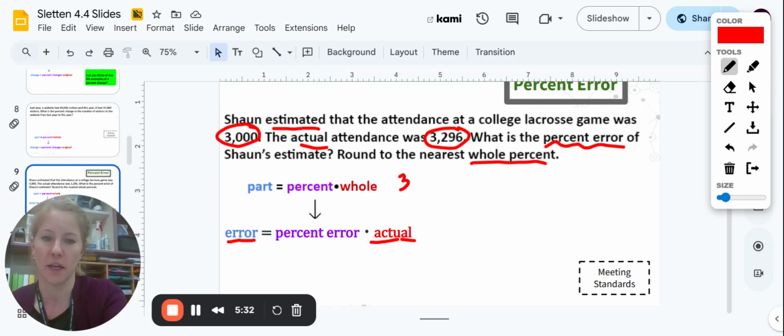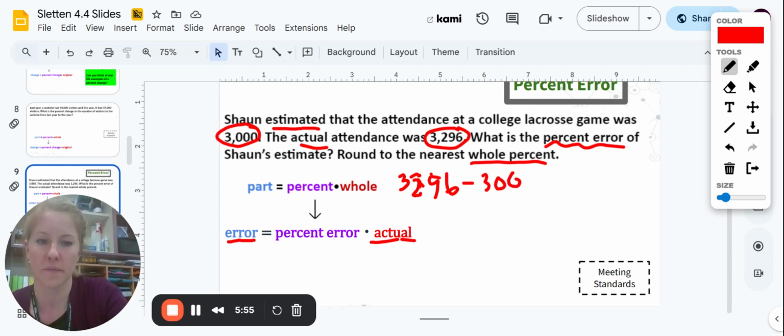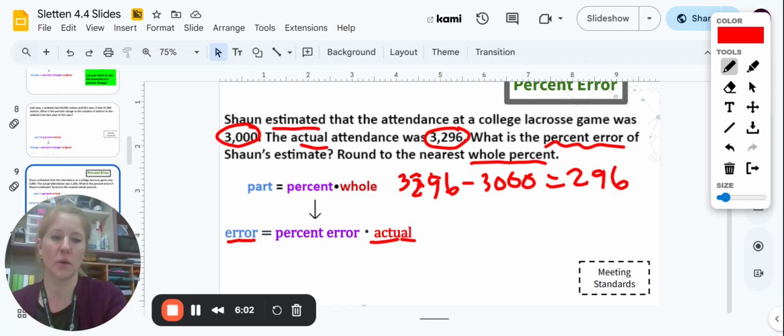What was his error? I'm gonna have to use my finger. My stylus is dying. 3,296 minus 3,000. So he was off by 296 people on his estimate. So his error was 296.